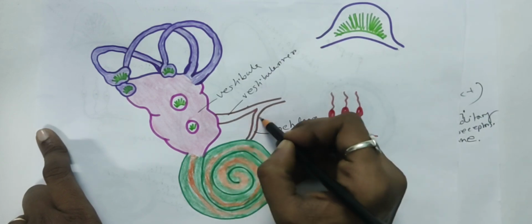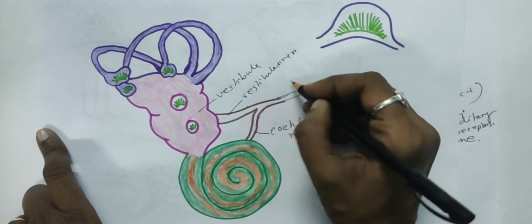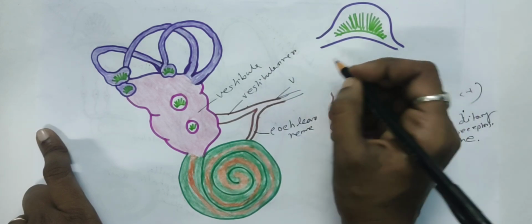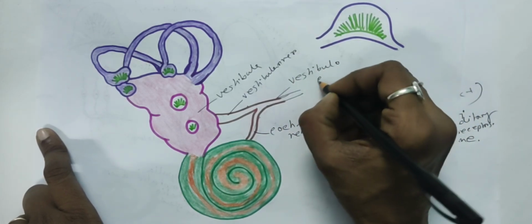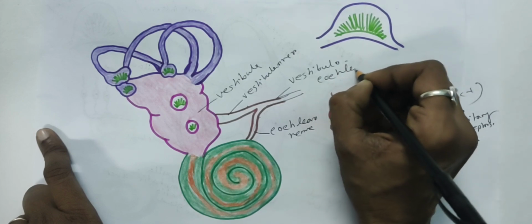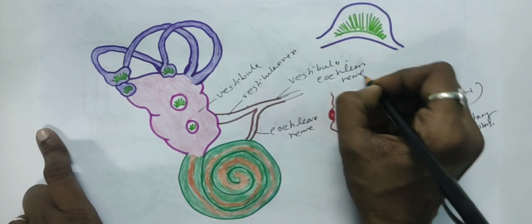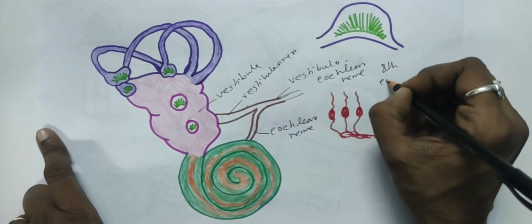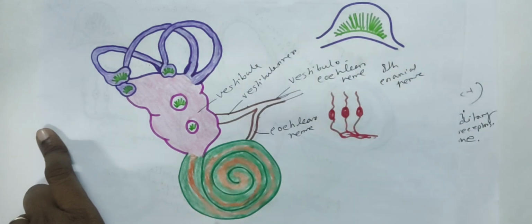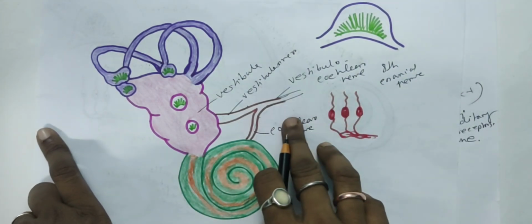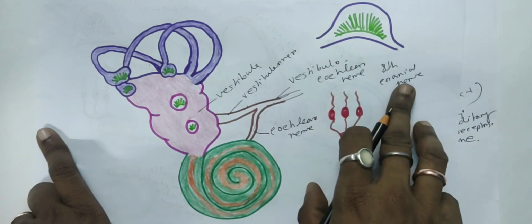This vestibular and cochlear both join together to form the vestibulocochlear nerve. This is the 8th cranial nerve. They transmit the sensory impulse to the brain.